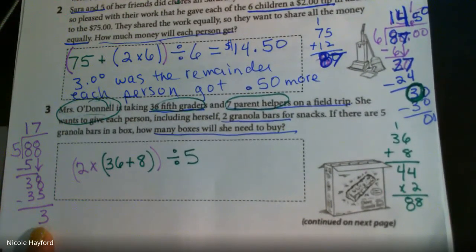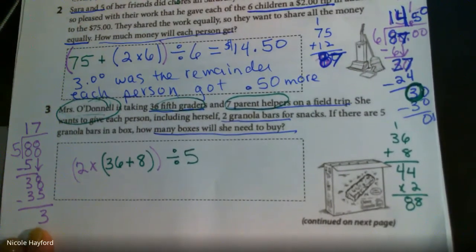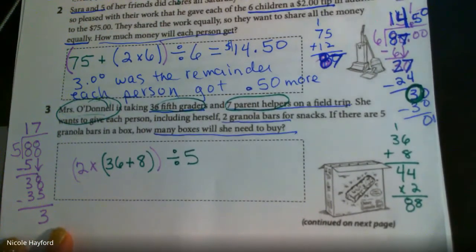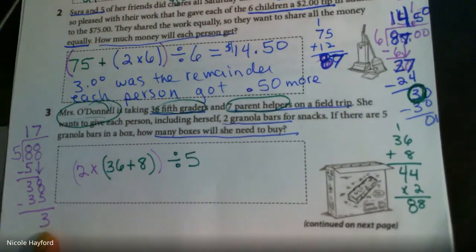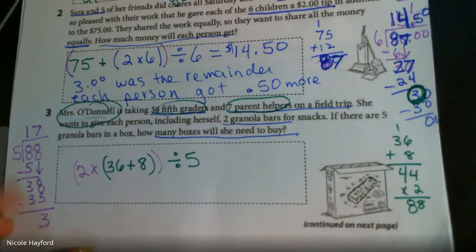So if we have a remainder of 3, does that answer our question, how many boxes we need? What are your thoughts? That means there were a few people who don't get 2 granola bars.